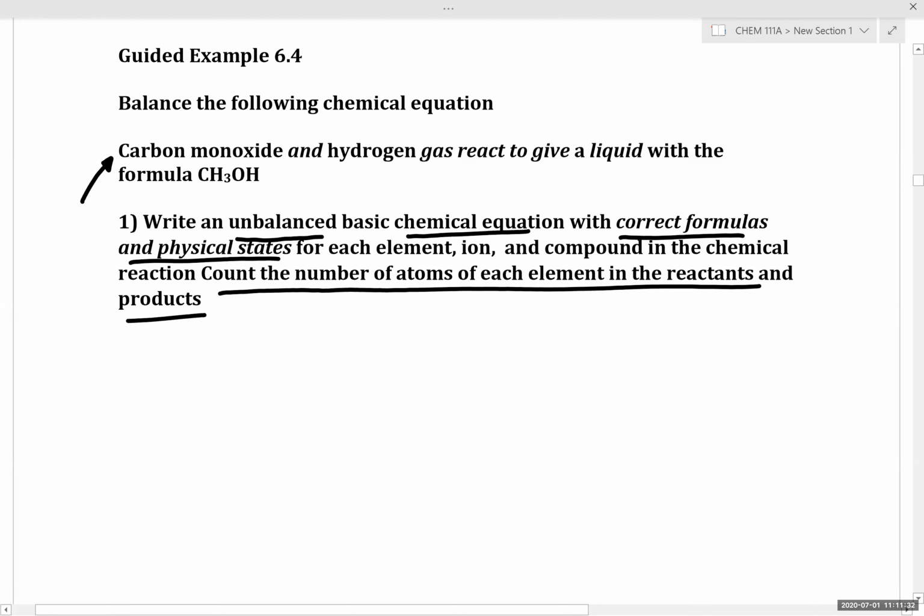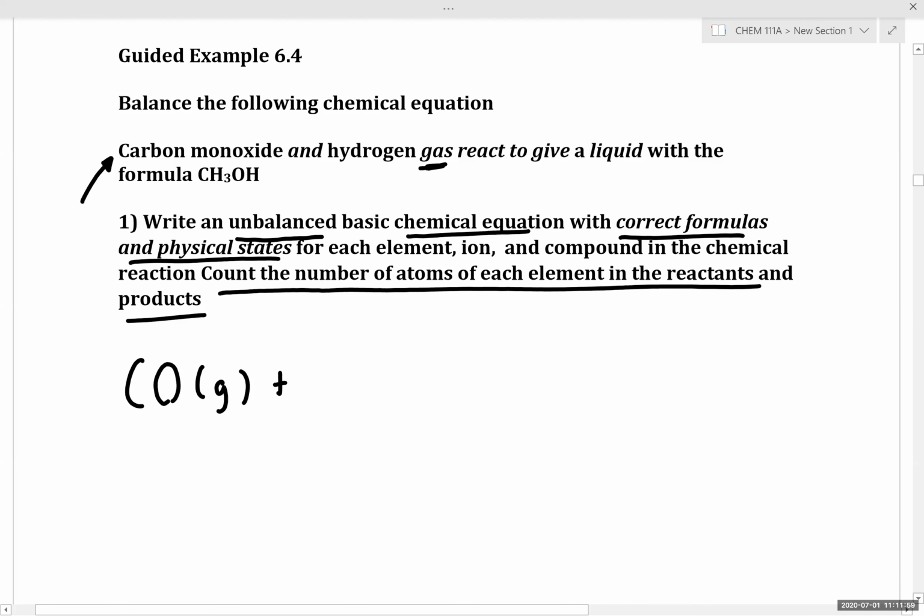What formula do I write for carbon monoxide? We see the mono prefix, so that tells us immediately we're dealing with covalent nomenclature. I already see in the chat, carbon monoxide is CO. We know in the problem that it's a gas because I say it's a gas.